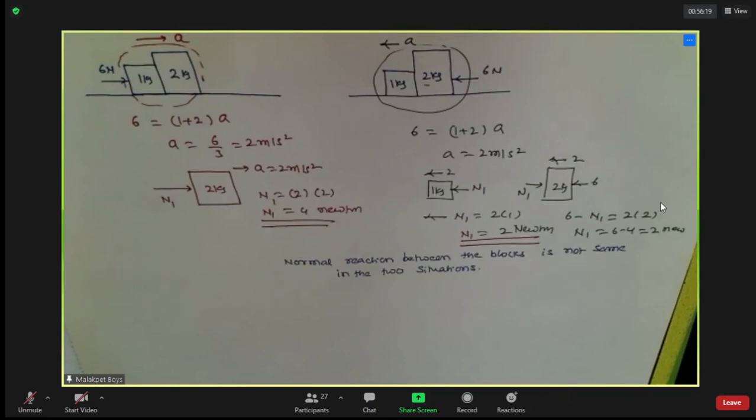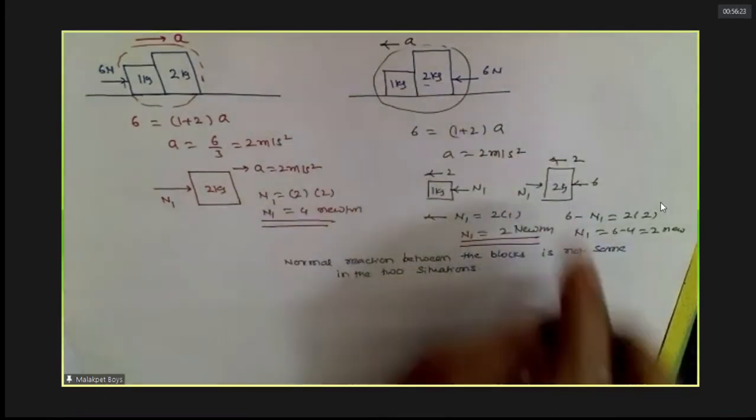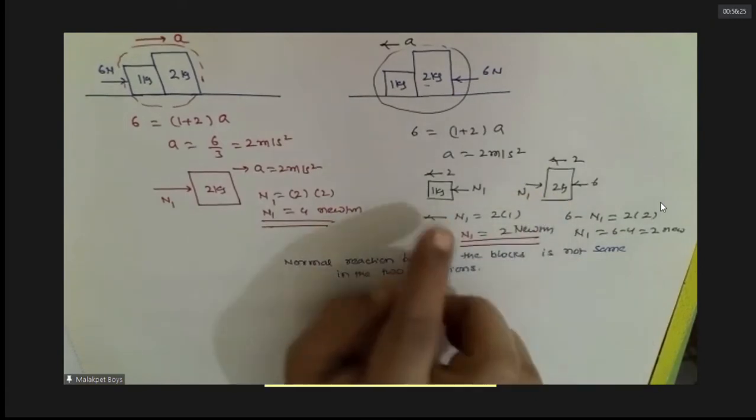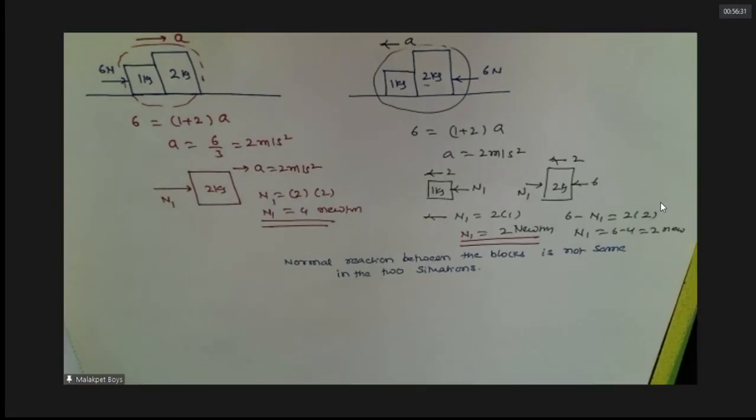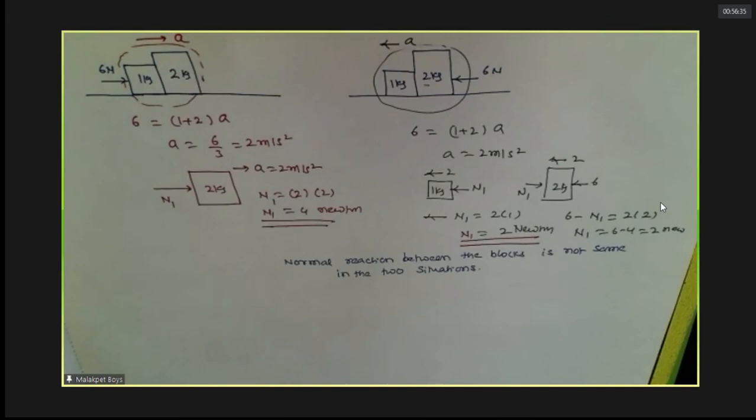Not only that, 6 is applied here. Previously it is on the 1 kg. So the net force is differing on each block, no? In each block, the net force acting is differing. But on the overall system, the net force is the same again.